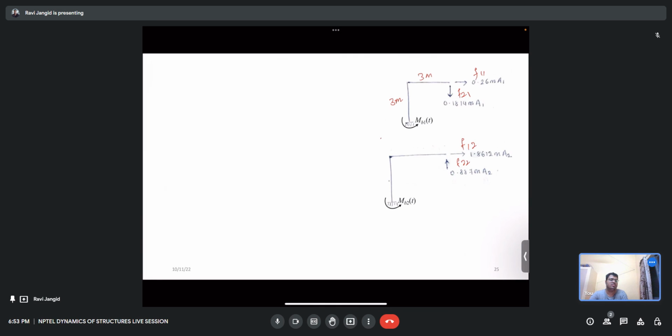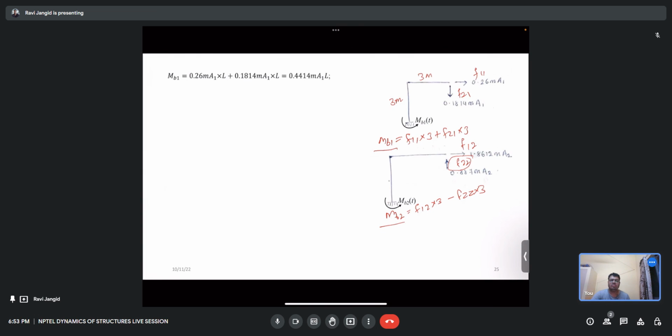So Mb1 would be f11 times 3 plus f21 times 3. Same for Mb2, that would be f12 times 3, but f22 is in the upper direction, so that moment would be f22 into 3. So this is the Mb1, Mb2.